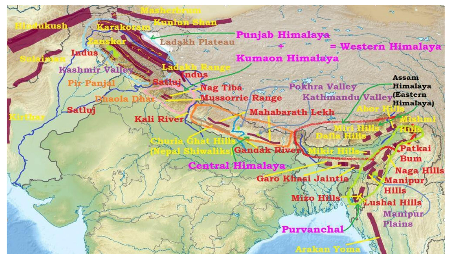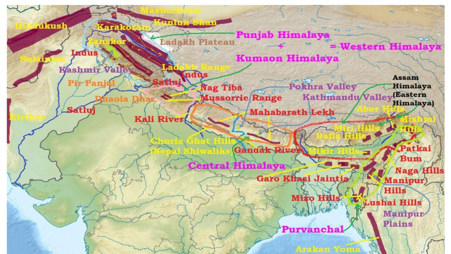From west to east respectively, the part of the Himalayas lying between the Satluj and Kali rivers is known as the Kumaon Himalayas. The Kali and Teesta rivers demarcate the Nepal Himalayas, and the part lying between the Teesta and Dihang rivers is known as the Assam Himalayas. These are the regional names in these broad categories.